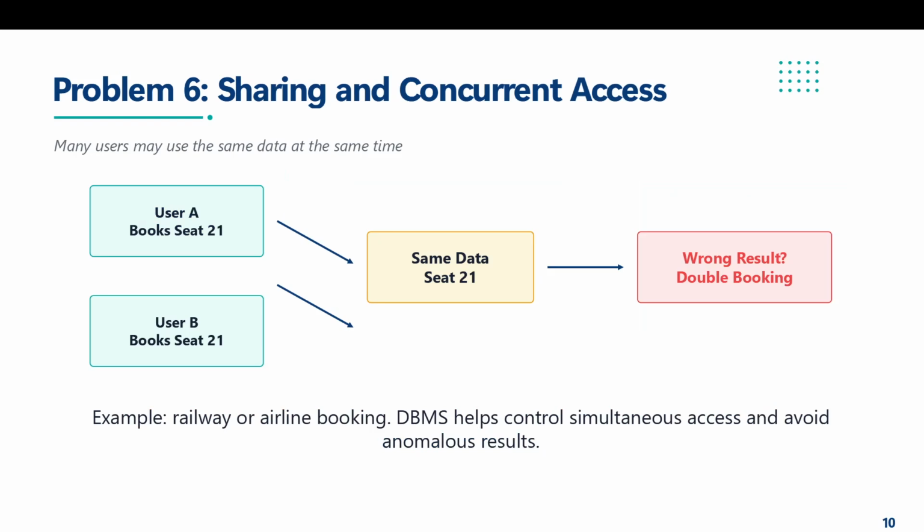The next important problem is sharing and concurrent access. Concurrent access means many users are accessing or updating the data at the same time. Let us take a railway or airline booking system as an example.